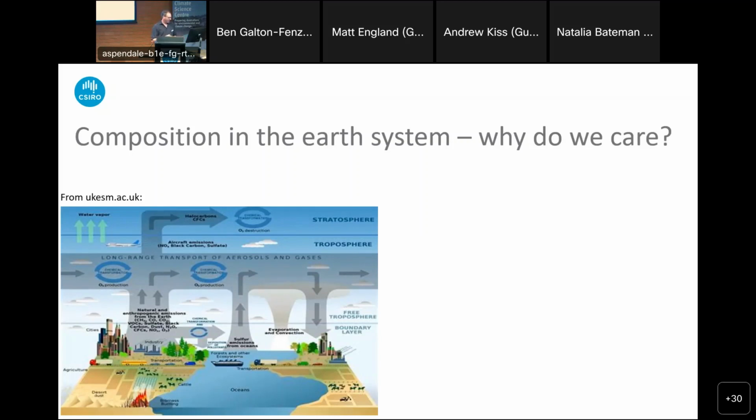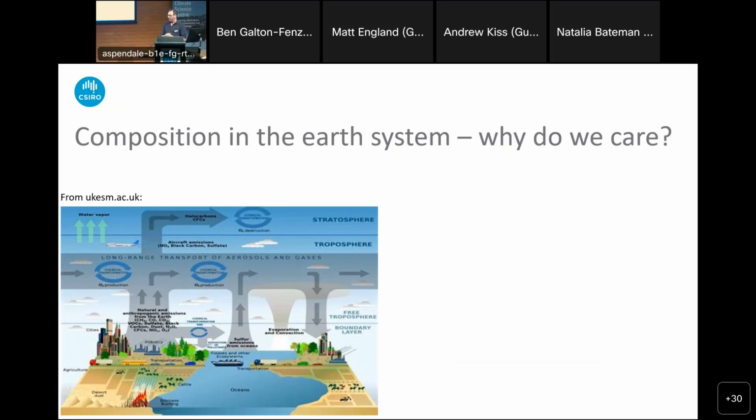That's a picture of the process representation of what's included in UK ESM. UK ESM obviously includes the full UKCA chemistry and the aerosol as well. I like to think of the composition as a connector between different components of the Earth system.